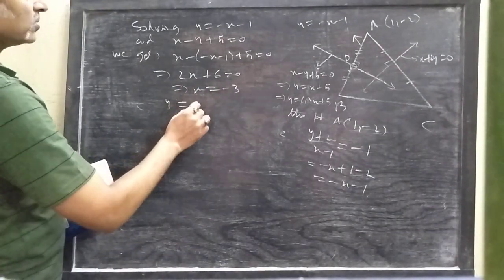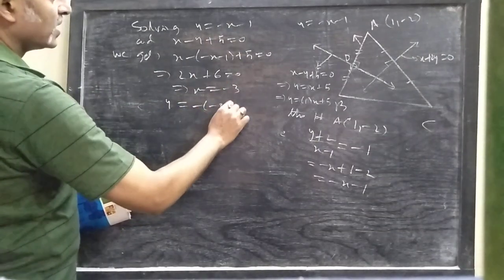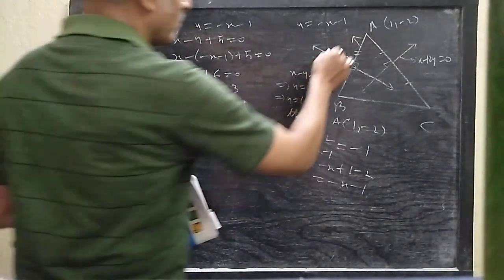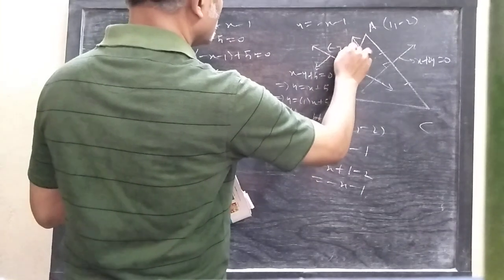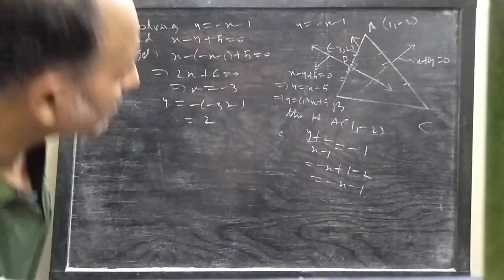Then y equals minus of minus 3 minus 1, that is 3 minus 1, which is 2. So we get the coordinates of D as (minus 3, 2).